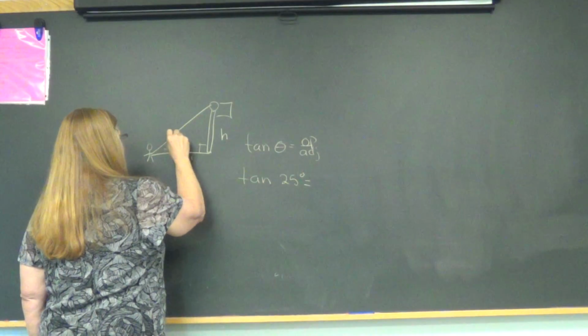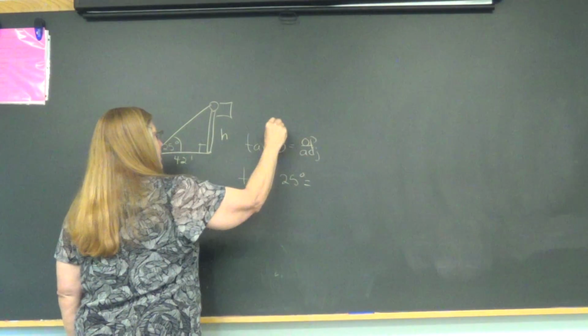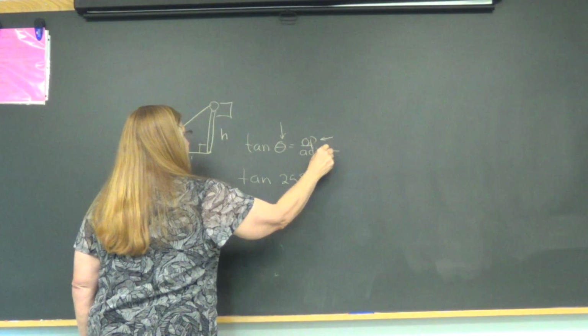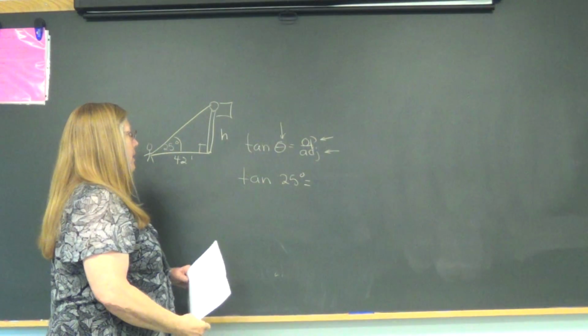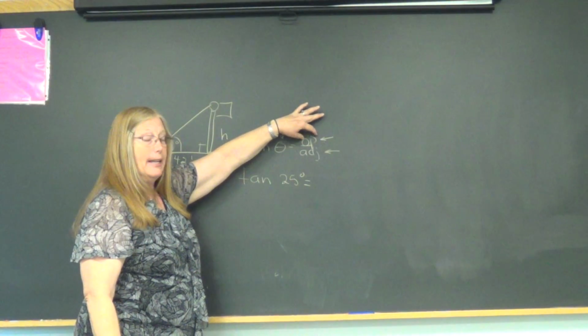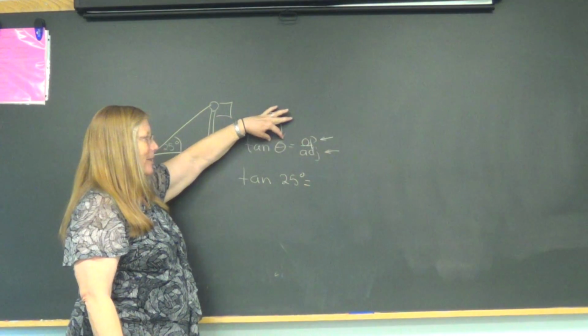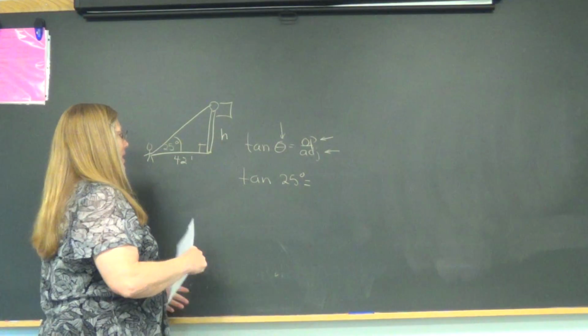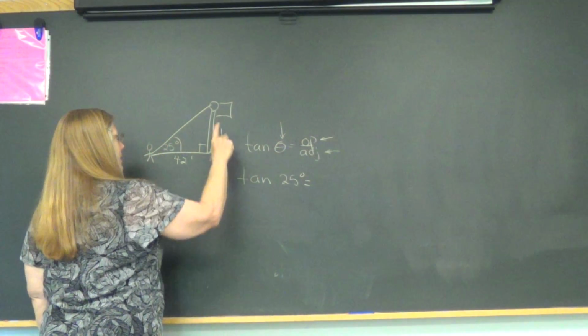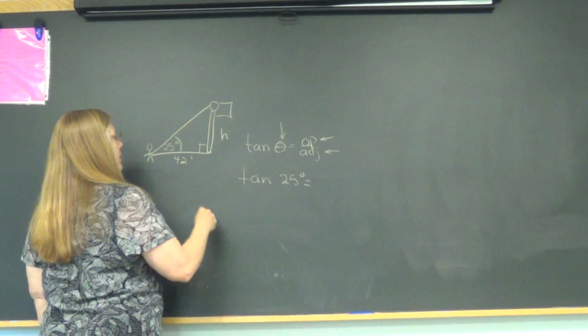Opposite, what's opposite that angle? Did you notice this is always an angle and these are always sides? Sometimes in some of your work, I saw the 25 appear over here in one of these places. Never. It's only where the theta is. So anything marked degrees is not going to be a side. A side is a length, not a degree.